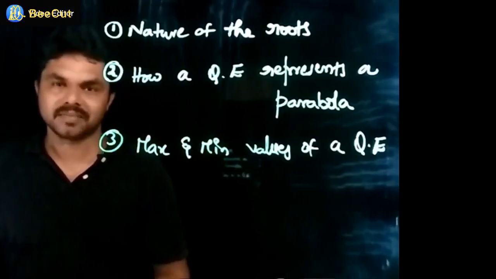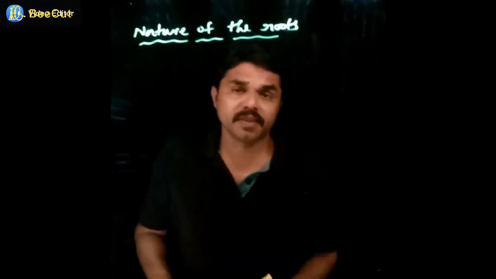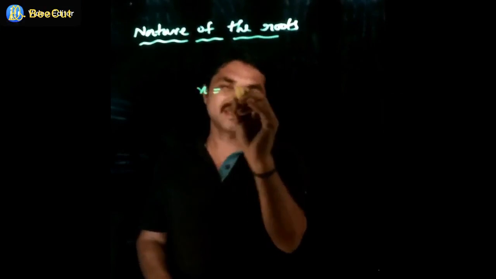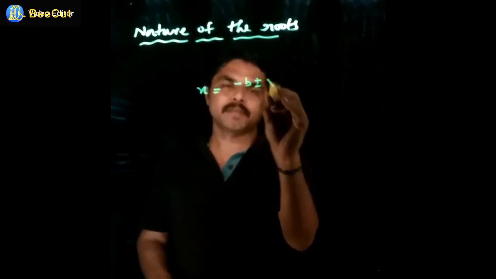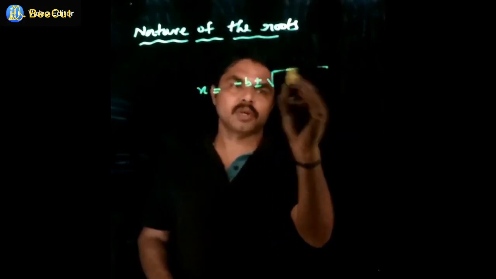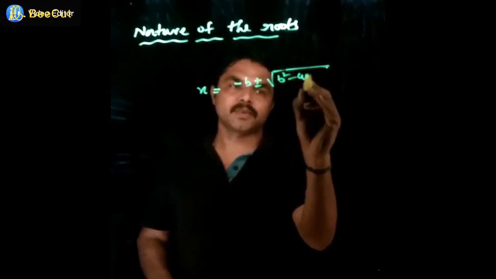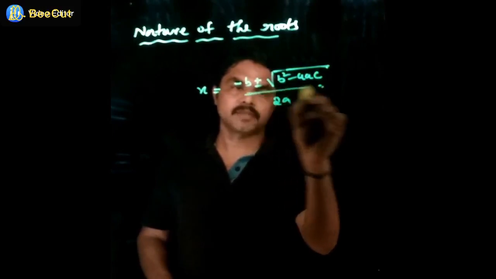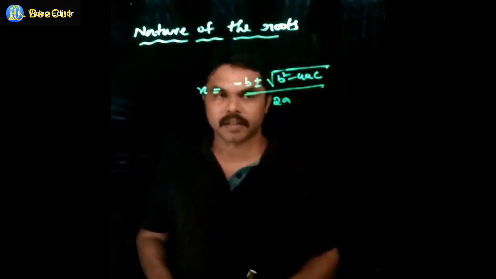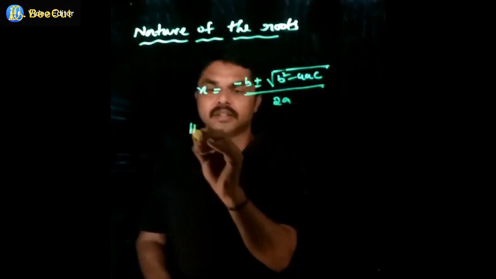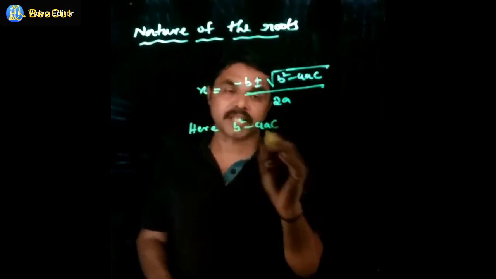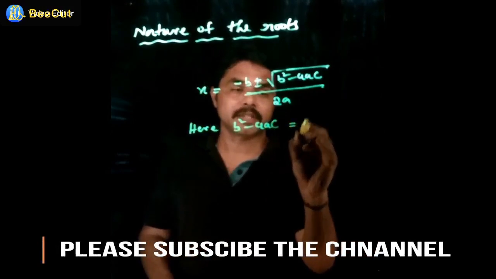Let's start the class. In the last video we discussed the roots of a quadratic equation: x is equal to minus b plus or minus root over b square minus 4ac, by 2a. Here, this b square minus 4ac is particularly represented by delta.